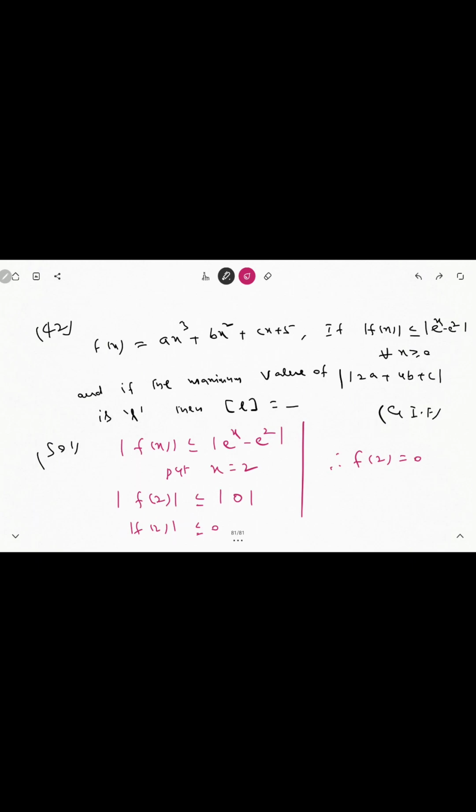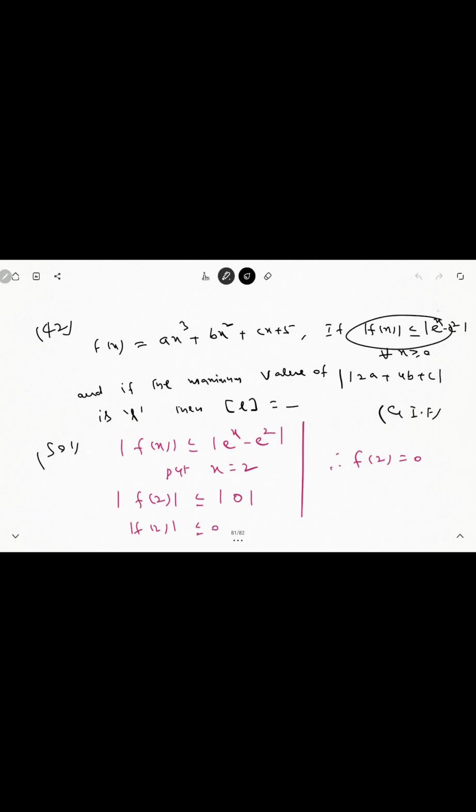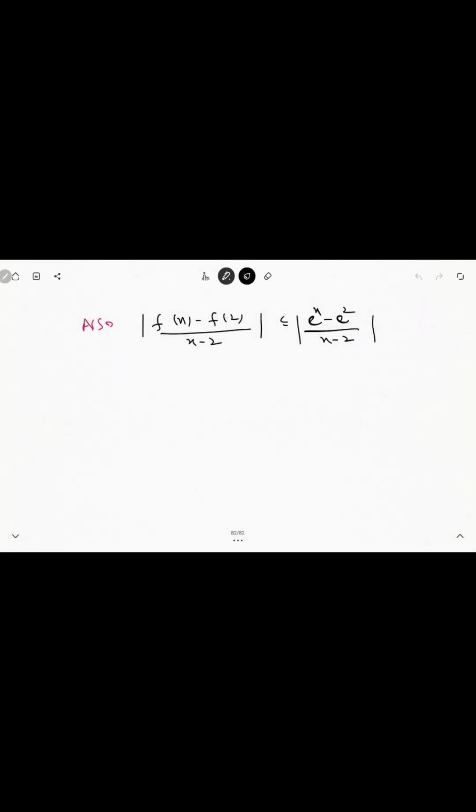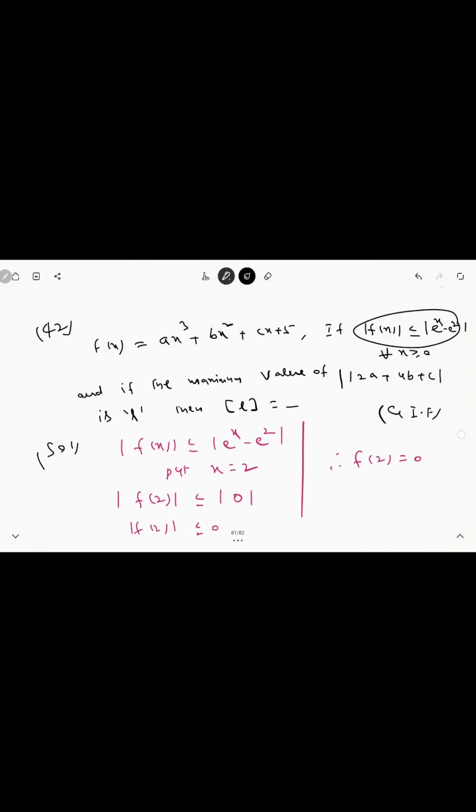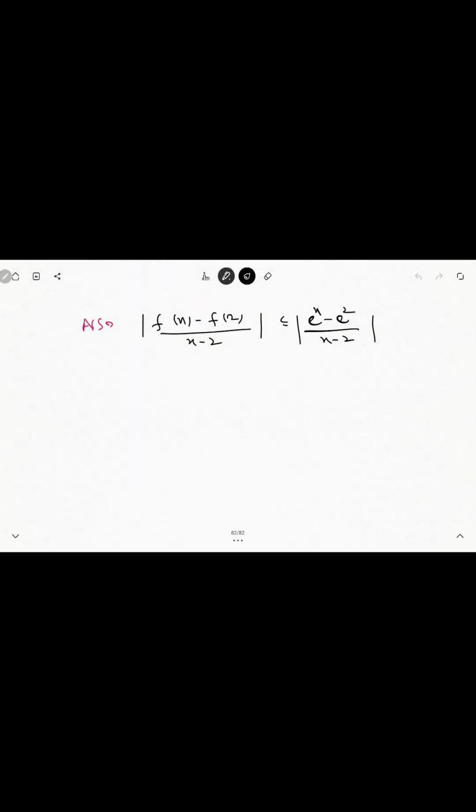Now once again from this condition, f2 anyway 0, look at this, f of x minus f2 by x minus 2. So dividing by modulus of x minus 2 on both sides of the given inequality, to get the first principles, apply limit x tends to 2.